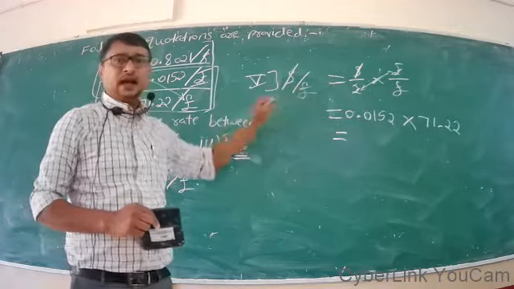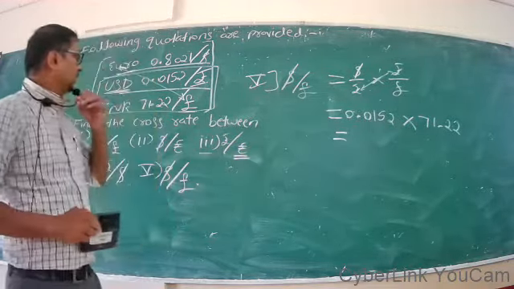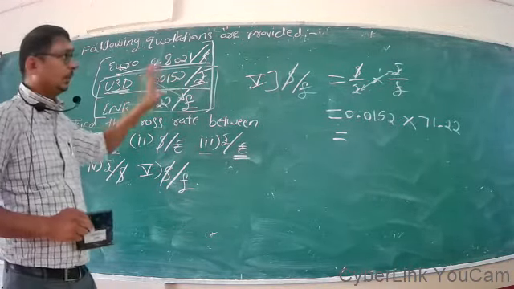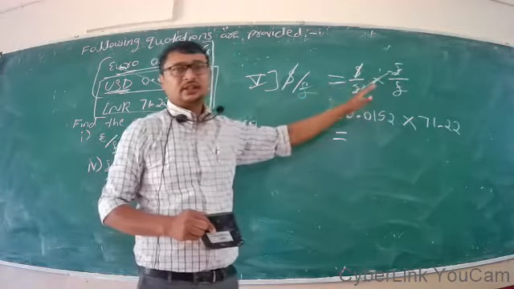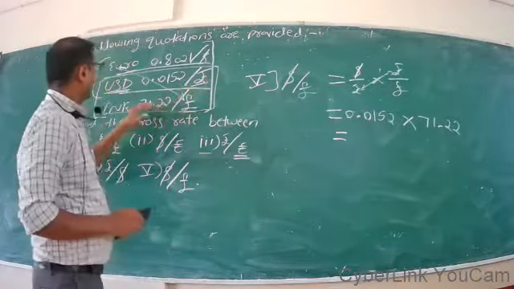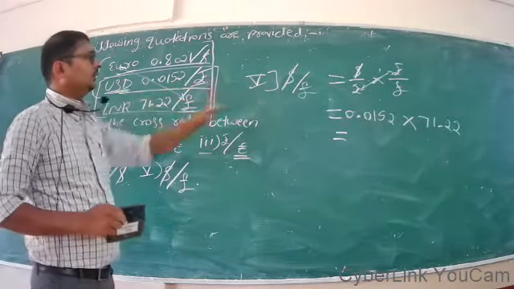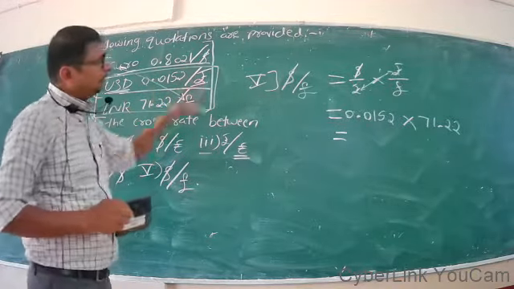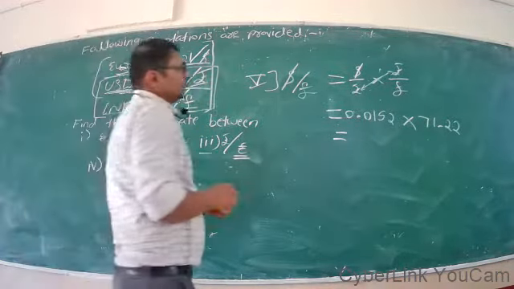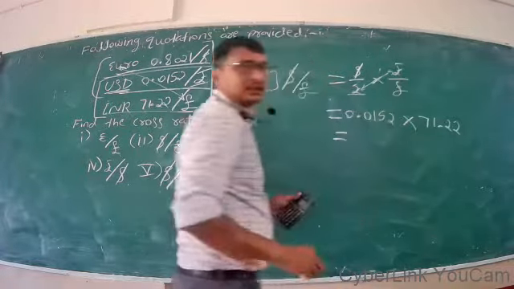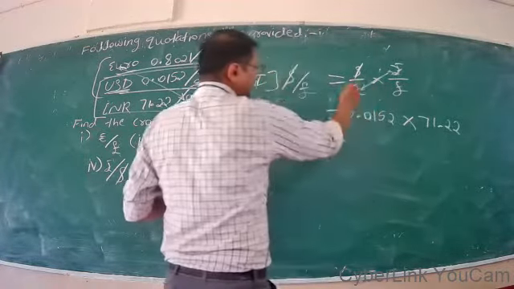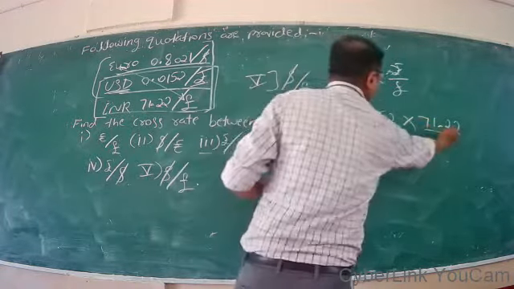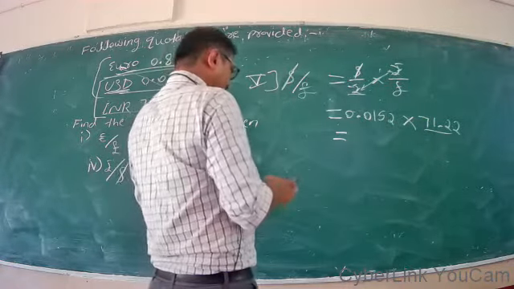The common currency between these two quotations is rupees, so we can easily cancel it, right? The first quotation is dollar per rupee, given as 0.0152. The second quotation is rupee per sterling pound, so the denominator and numerator cancel. Rupee per sterling pound they have given as 71.22, right?